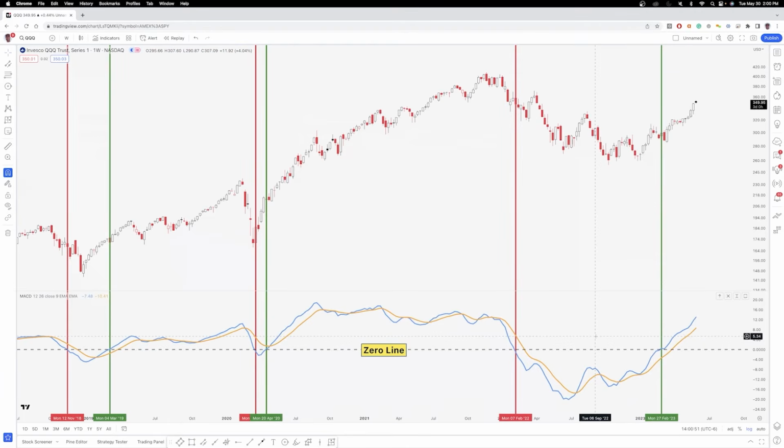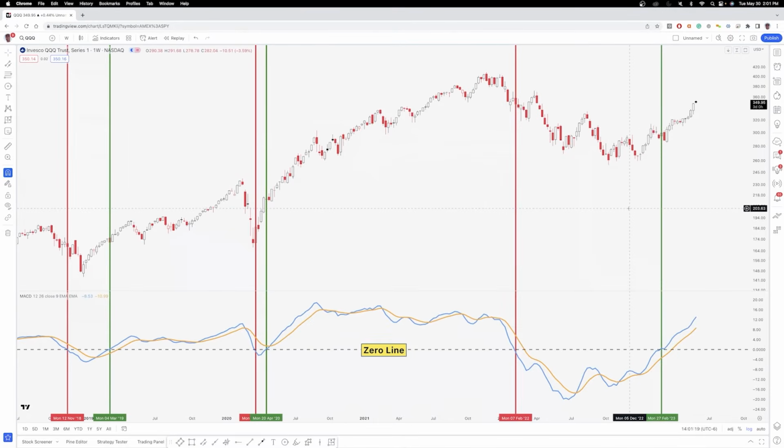Now, the question is, how could I tell that momentum was fading before the MACD line crossed back above the zero line? Because you can see here that we bottomed out back in October down here right around 253, 254 of 2022. And then the MACD did not cross back above the zero line until around 295, 296.